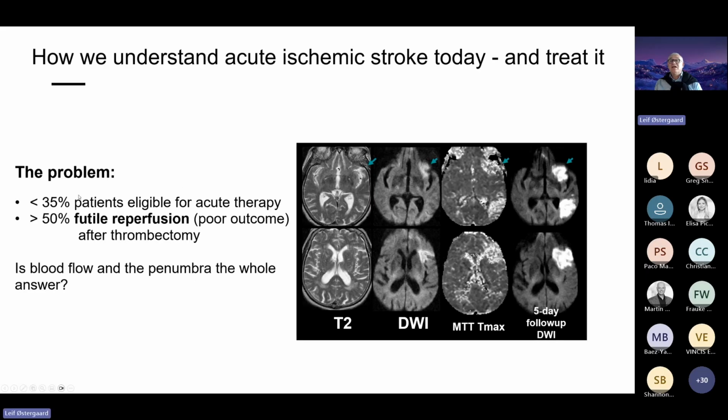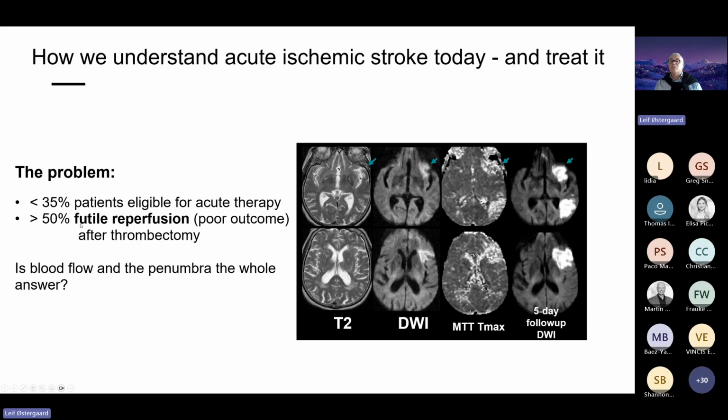Okay, there's a problem. Even though we now have perfectly good treatments to restore blood flow, there are two problems. One is that, at least in my country, not all patients are eligible for acute stroke therapy. Only about one third of the patients who come in and have a stroke don't have, for instance, contraindications against thrombolysis.